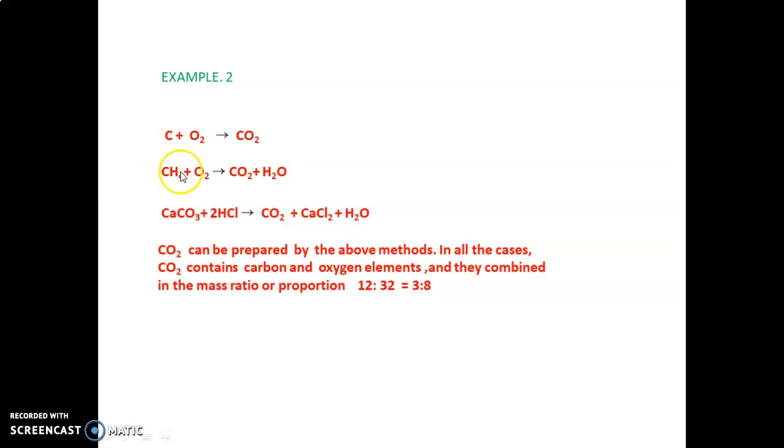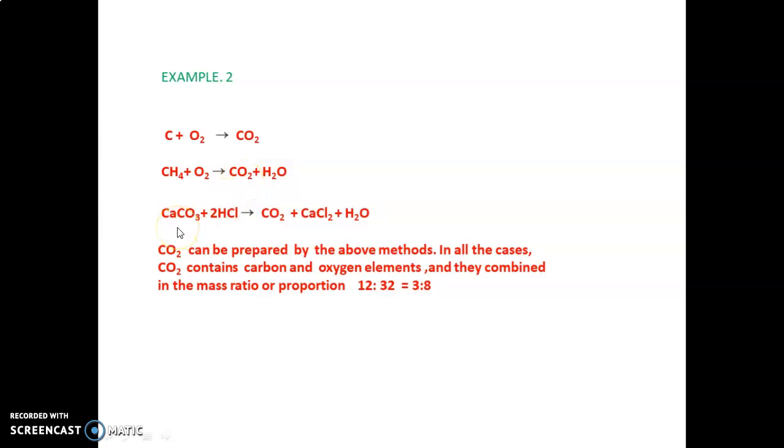Then another example, carbon dioxide. We can prepare carbon dioxide by different methods. Just by heating carbon in the presence of oxygen, we get carbon dioxide. Also by combustion of a hydrocarbon, for example methane, we get carbon dioxide.